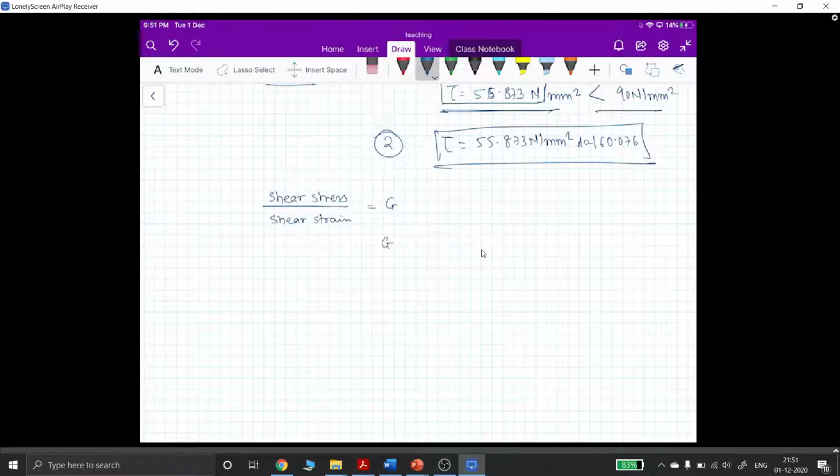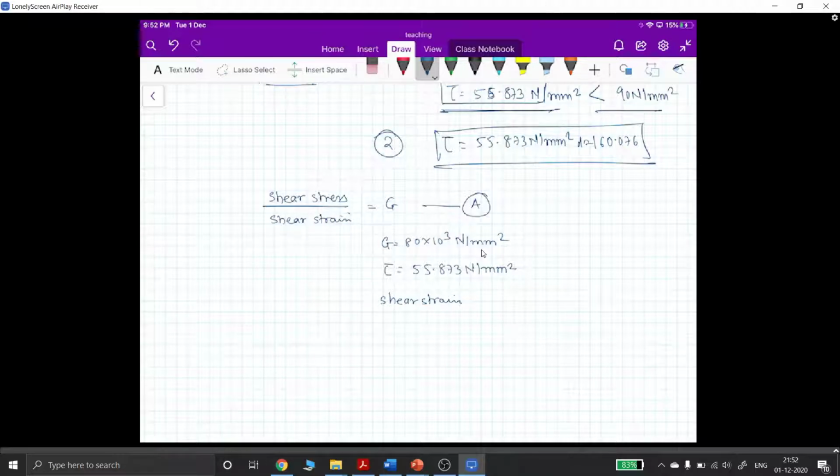G is 80 into 10 cube Newton per mm square. Shear stress tau is equal to 55.873 Newton per mm square. So the remaining part, shear strain, can be easily calculated by using this equation.